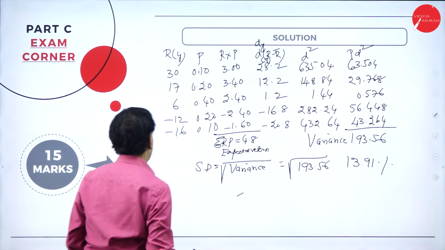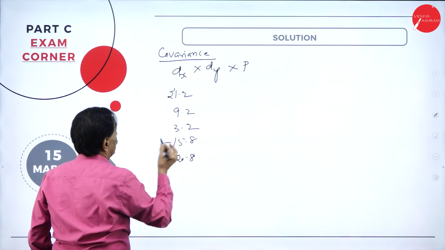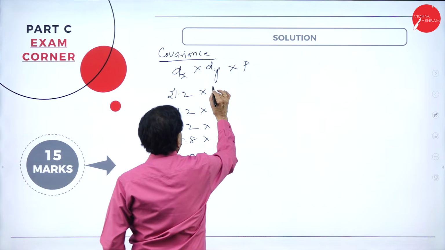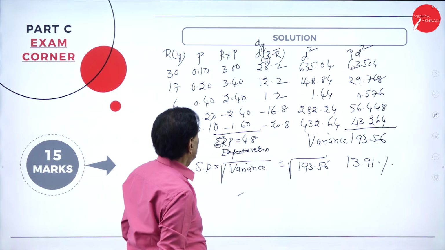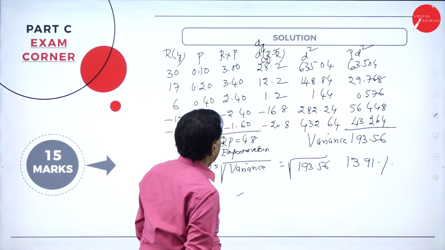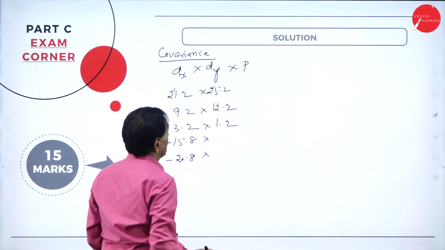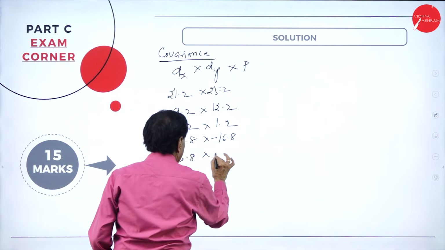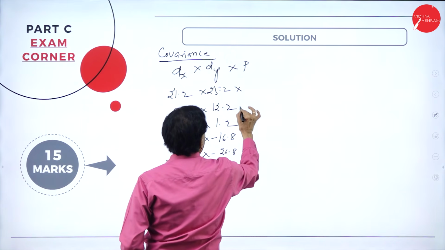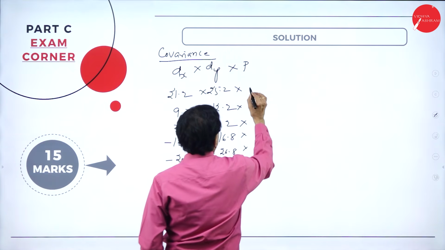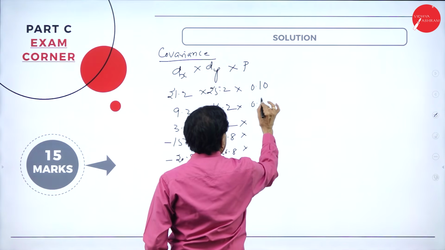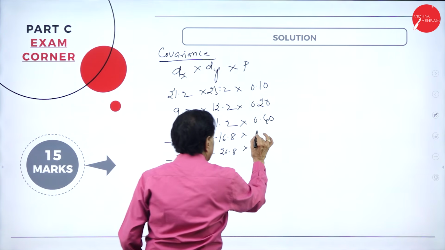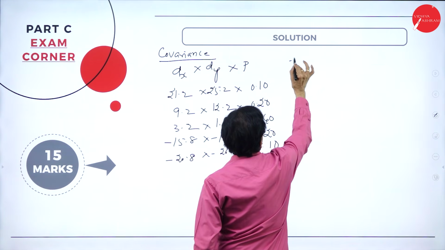Next one, minus 20.8, into dy: 25.2, next 12.2, next 1.2, next minus 16.8, minus 20.8, into probability 0.10, 0.20, 0.40, 0.20, 0.10.